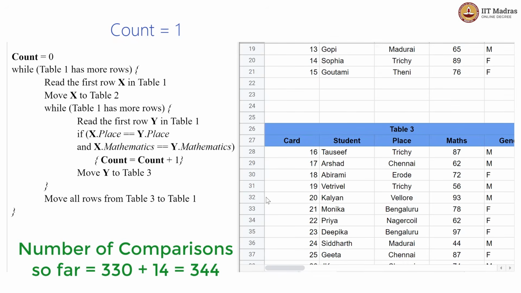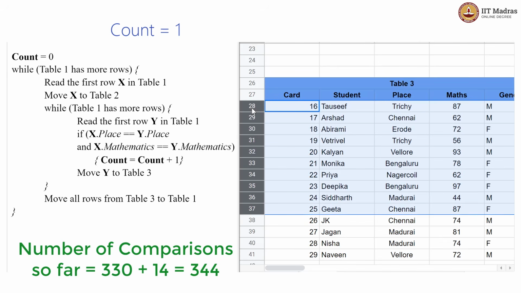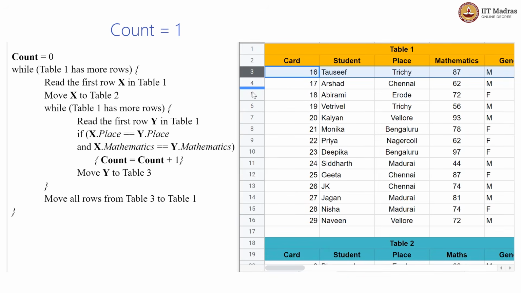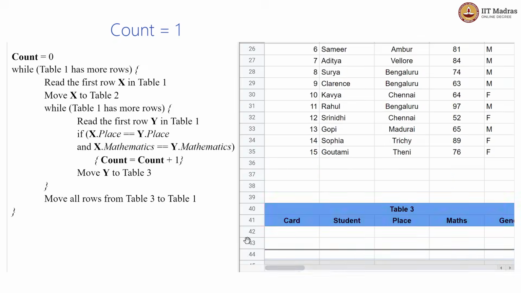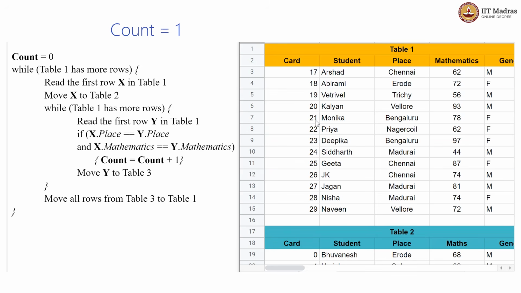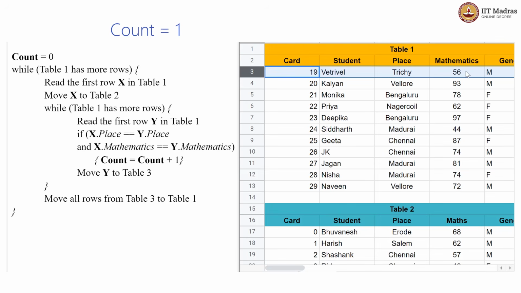Table 1 is empty again. There was only one Theni card then. There are no Theni cards otherwise. Now we take these rows and go drop them here. This is our row X now. It's Trichy 87. It's Trichy but not 87.